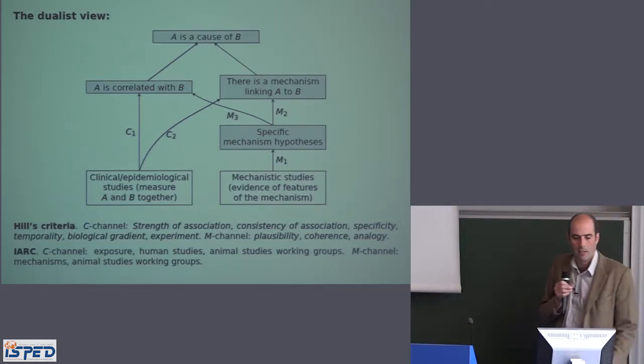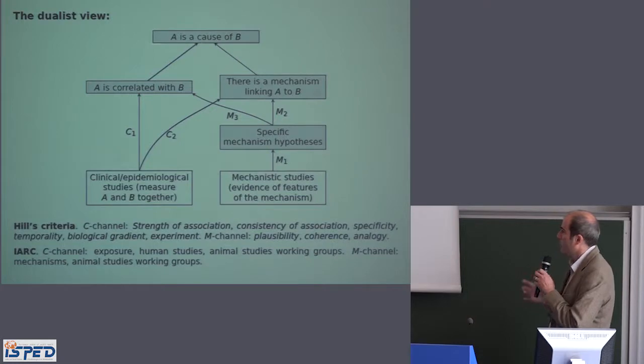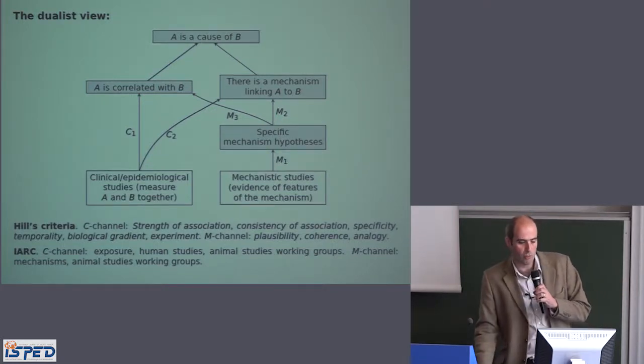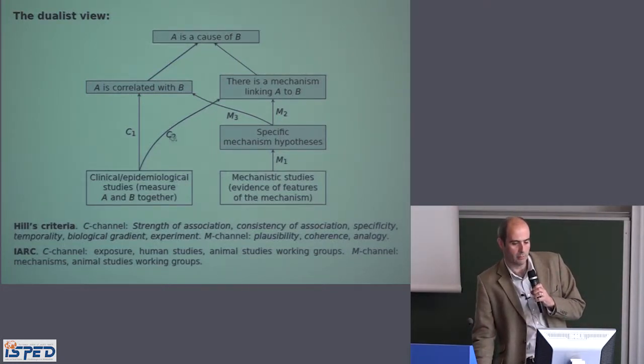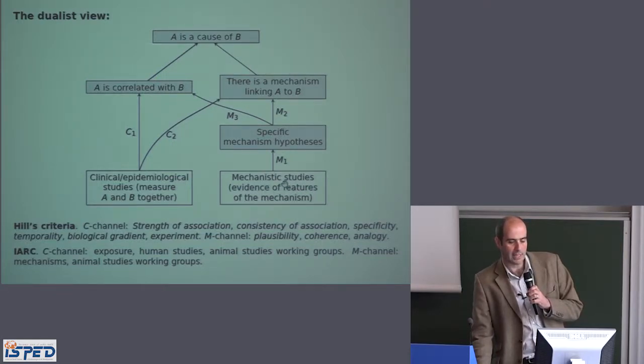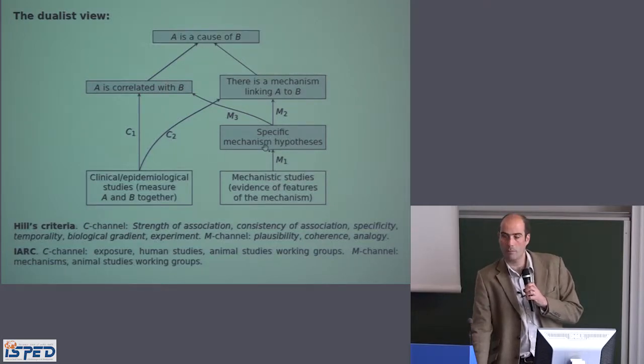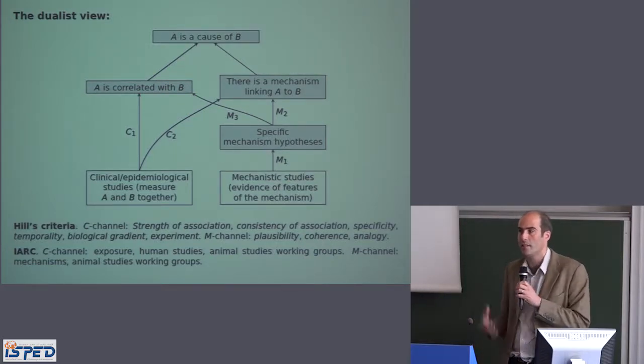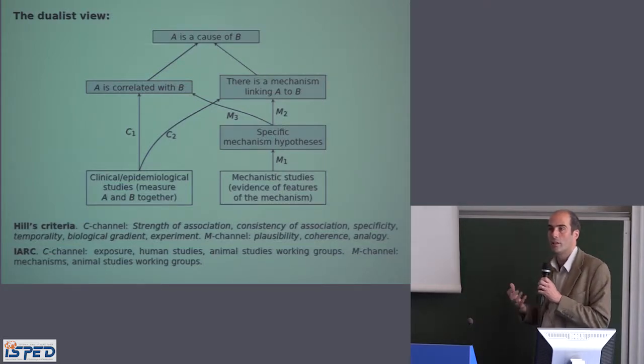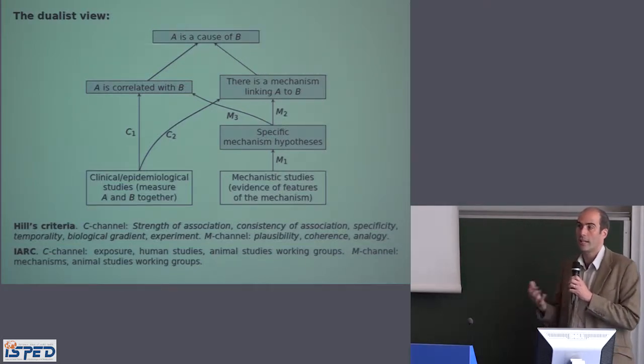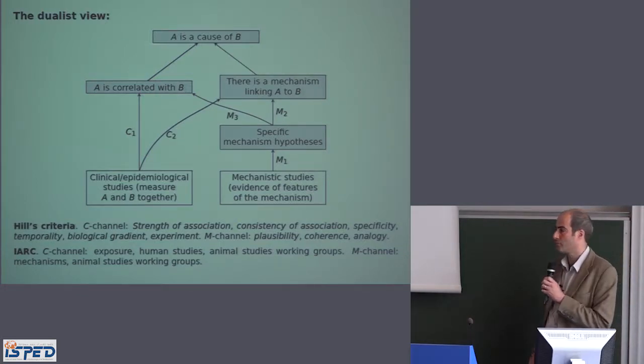And here you have clinical and epidemiological studies, and these play a very important role in establishing causation, but they're just part of the picture. You also have mechanistic studies, and these confirm or disconfirm specific mechanism hypotheses. So these are mechanisms of action that have been proposed in the literature to account for correlation.